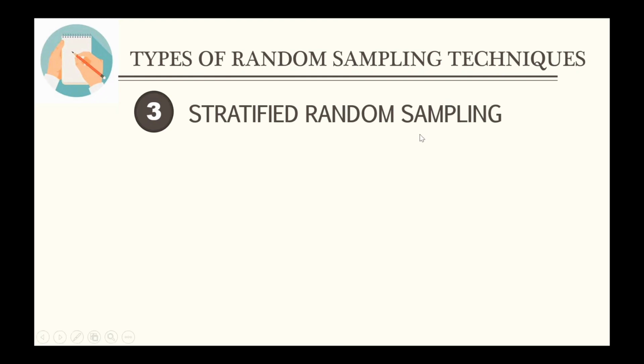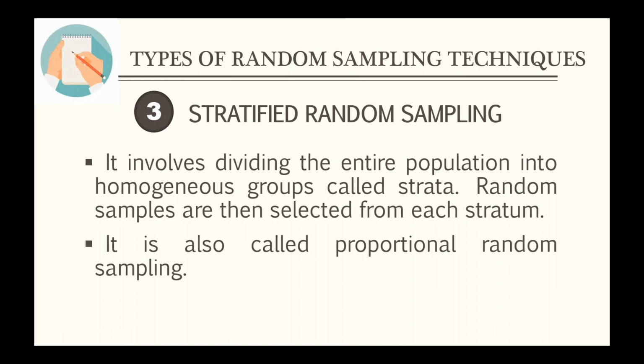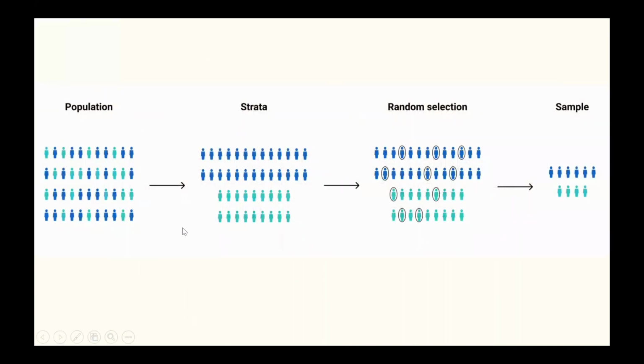The third type of random sampling technique is stratified random sampling. It involves dividing the entire population into homogeneous groups called strata. Random samples are then selected from each stratum. In other references, it is also called proportional random sampling. To understand stratified random sampling, let us have this illustration.